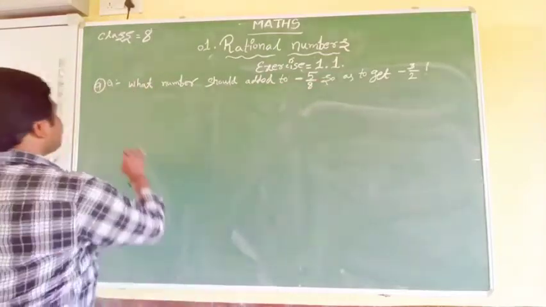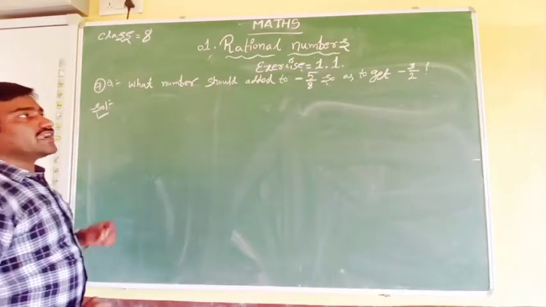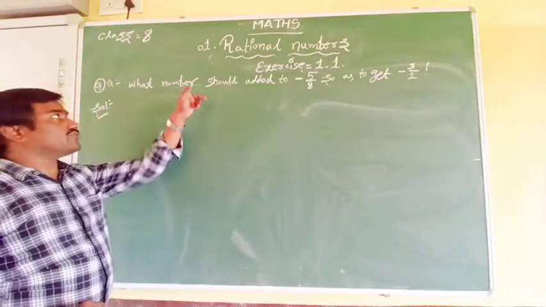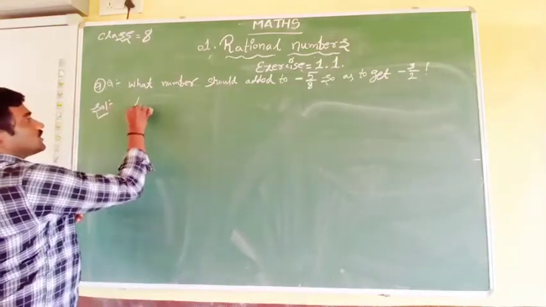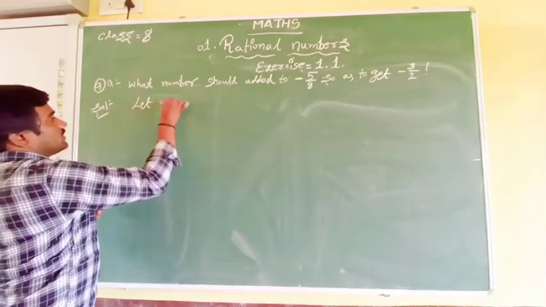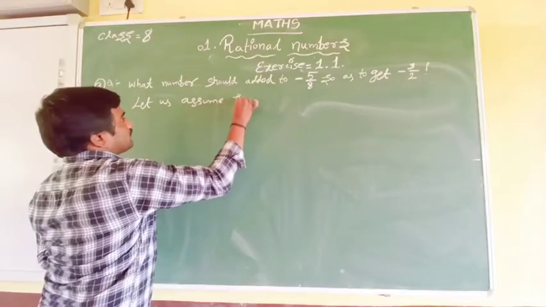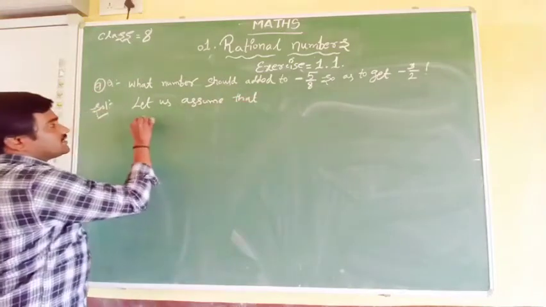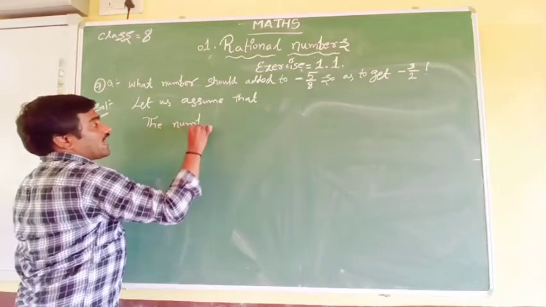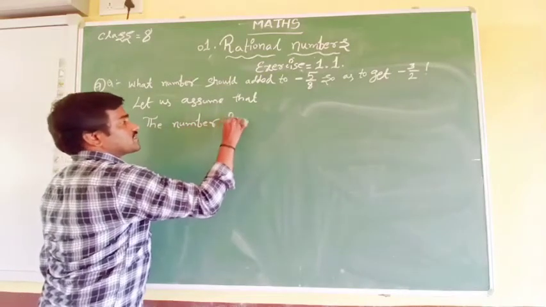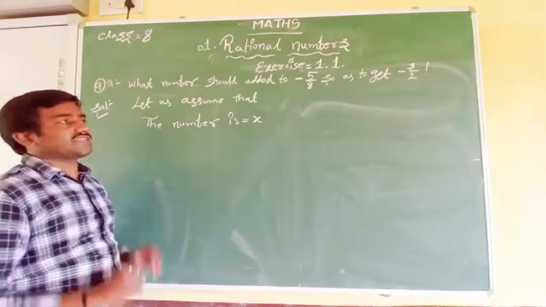So in math, we always go for the adding number. Let us assume the number we need to add, which we don't know. That is what we need to find. Let us assume that the number is x.